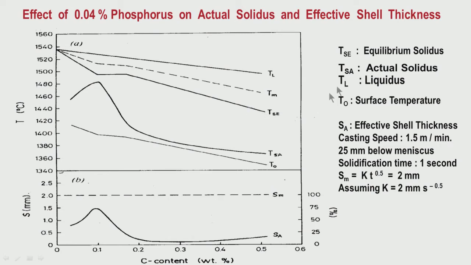So, that is one. TSA is the actual solidus. Here the effect of microsegregation has been taken into account. So, TSE is the theoretical solidus which you get from the equilibrium diagram, and TSA is the actual solidus which has been calculated based on microsegregation from the modified shell equation.